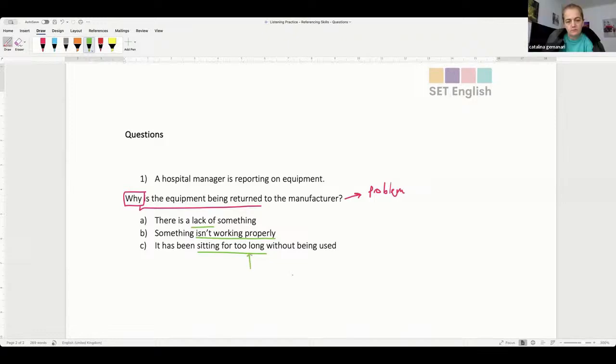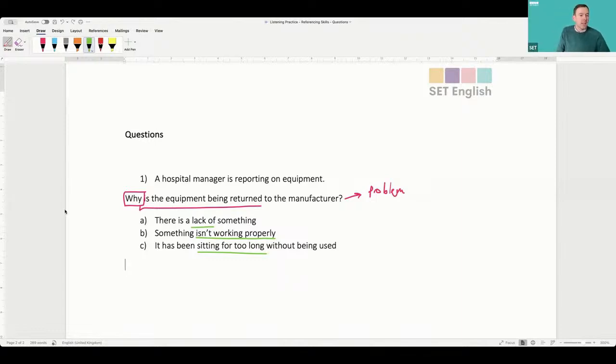Because they're going to have to talk about an amount of time. Isn't working properly: can you think of any vocabulary that matches? Broken, not functioning, malfunctioning, isn't functional.